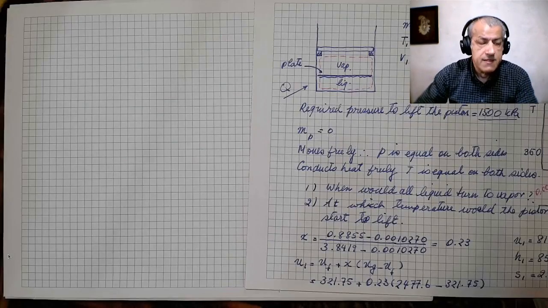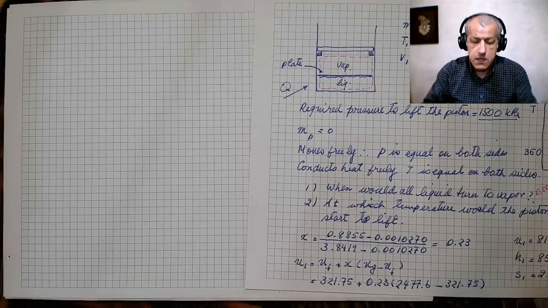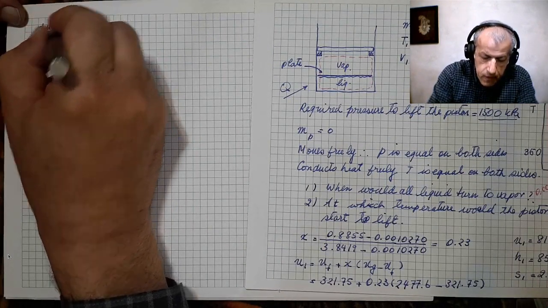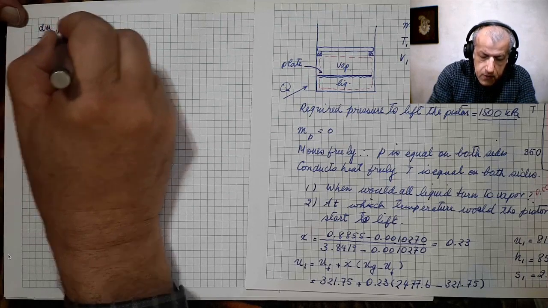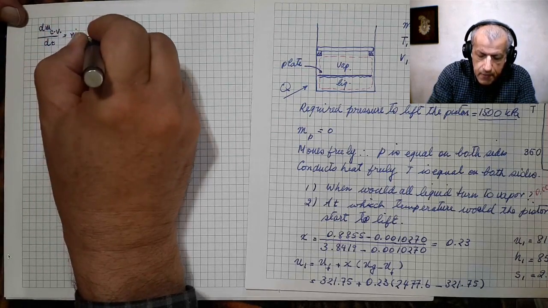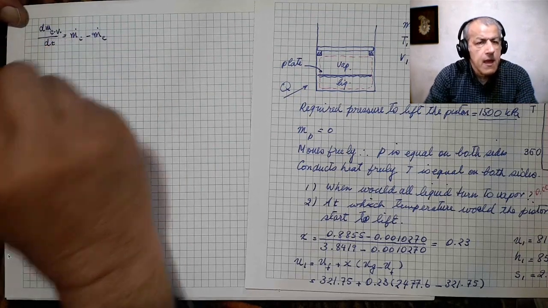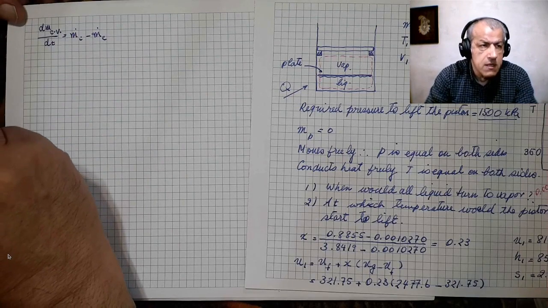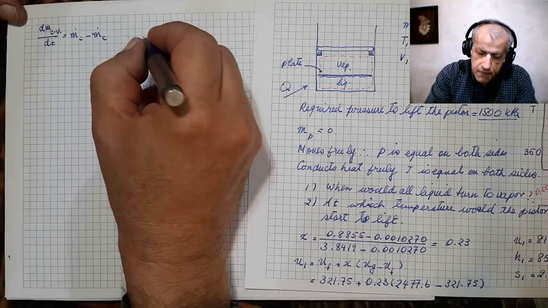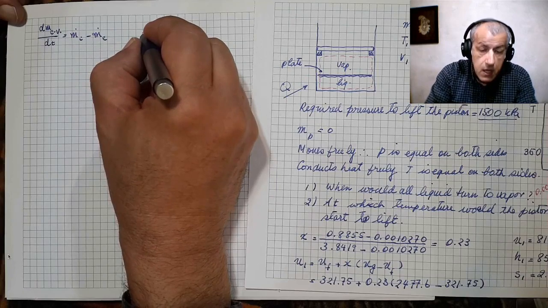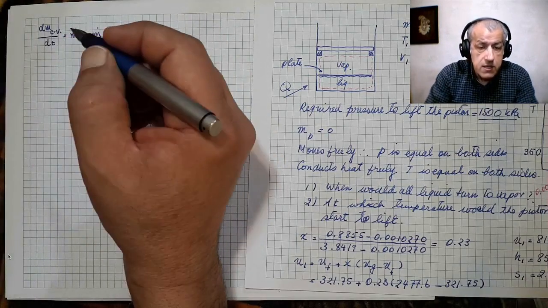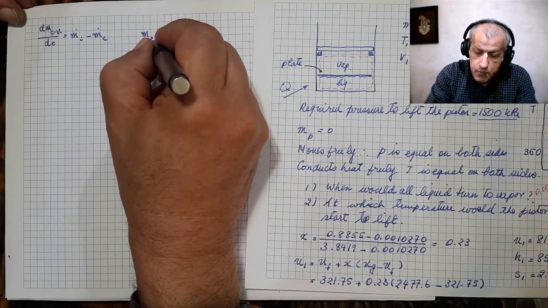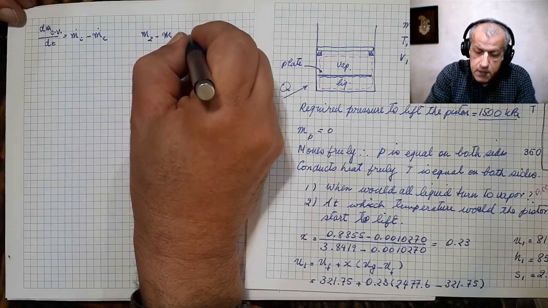So the mass conservation equation would read as dm_CV by dt equals m dot i minus m dot e. And since no mass enters or leaves this boundary that I have drawn, we would integrate it between initial and final condition, and therefore m2 minus m1 equals 0.